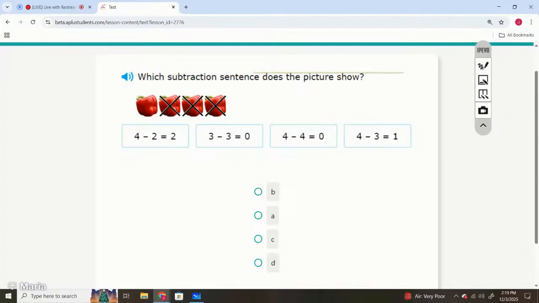So one, 2, 3, 4, 4 of them we have. So all of them, no, only 3 of them are crossed out. We are left with 1. So that is 4 take away 3 equals 1. Option number D is the correct option.